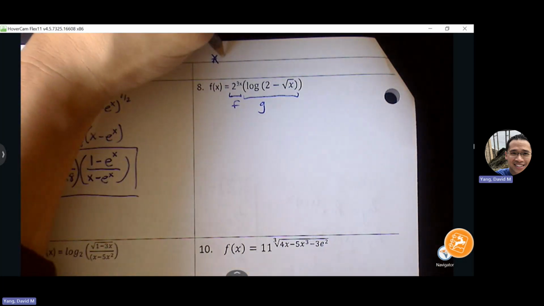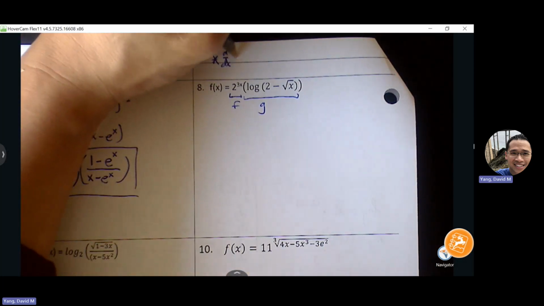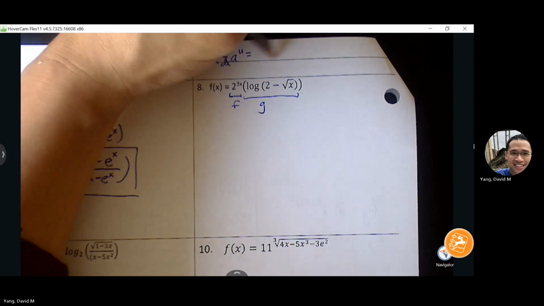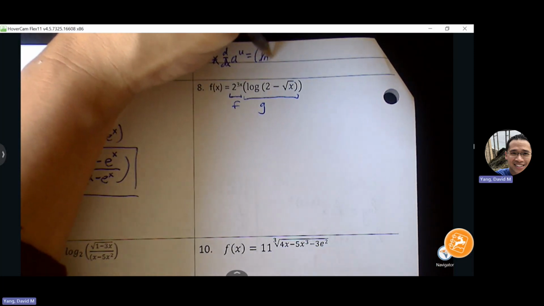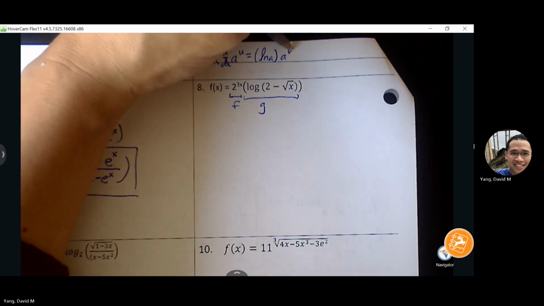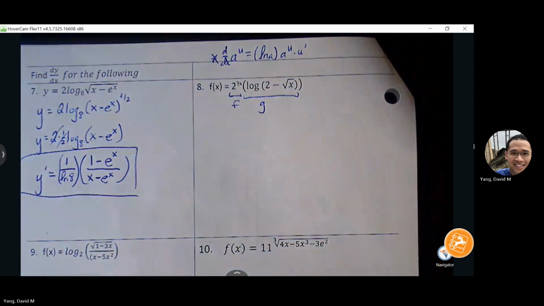So base A. The derivative for base A is A to the U times U prime, just like E to the U, but with a little bit extra in front. So when we see A to the U, I want us to think in terms of E to the U. How would you do the derivative for E to the U? It's the exact same process with just a little bit of conversion in front.